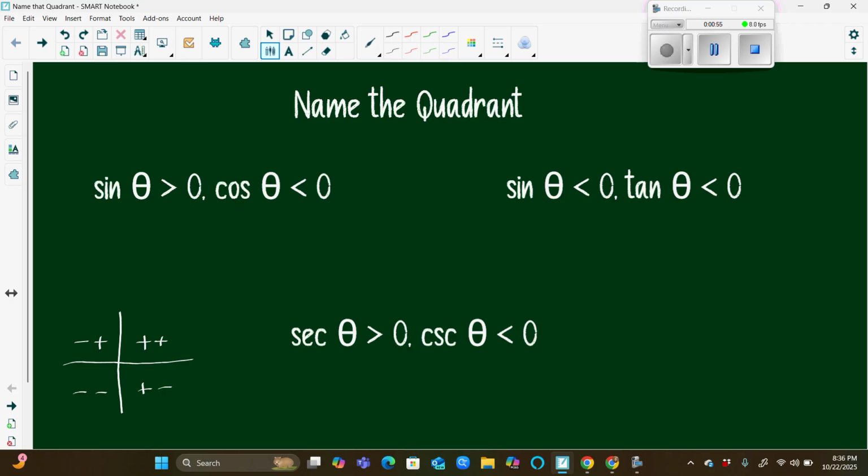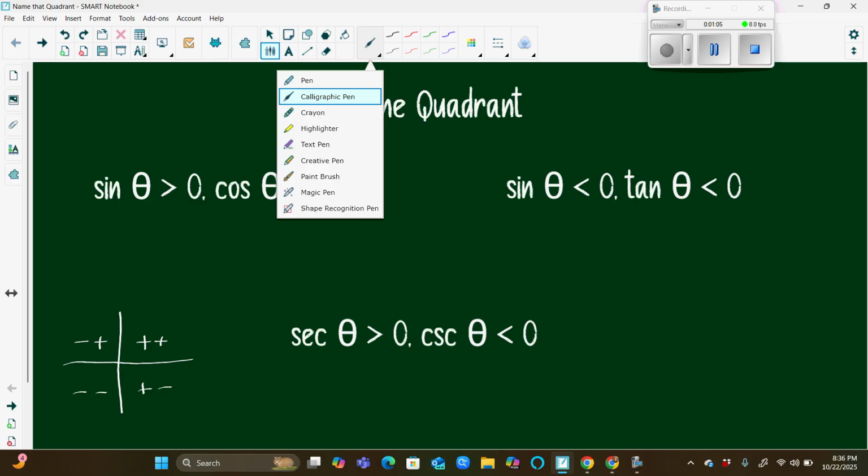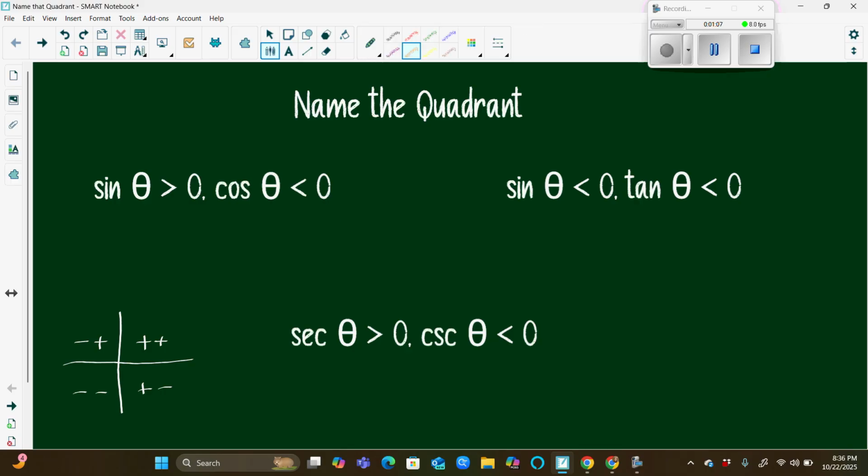For the first example, sine theta is greater than 0. Well, if sine is greater than 0, that means sine is going to be positive. A lot of times I'll do a highlight here. Sine is positive above the x-axis. So right here is where sine is positive. And then cosine theta is less than 0, is negative.